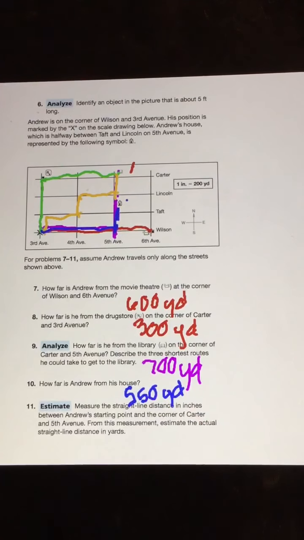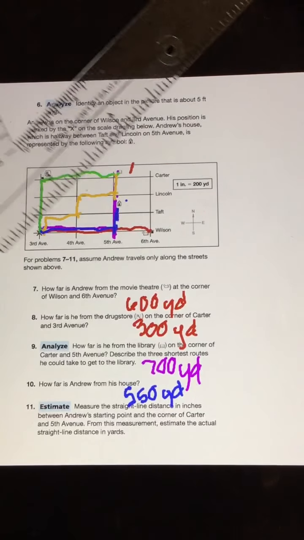All right, so now we need to estimate. So on our map right here, we are going to estimate with a straight line in inches between Andrew's starting point and the corner of Carter and Fifth Avenue.